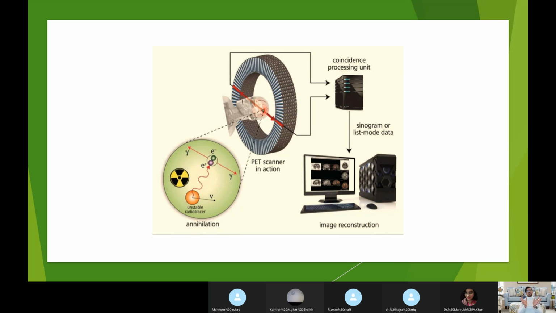It works on the same principles, the only difference being that the radioisotope is injected. That radioisotope disintegrates in the system when there is some metabolic process happening, and that annihilation process is picked up by the scanner, and then the image is constructed. It's more refined, more formed.